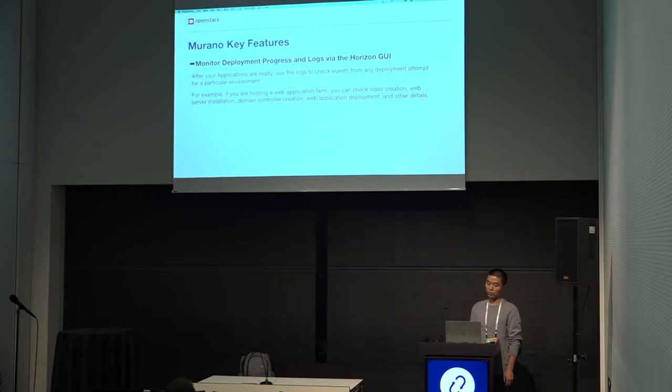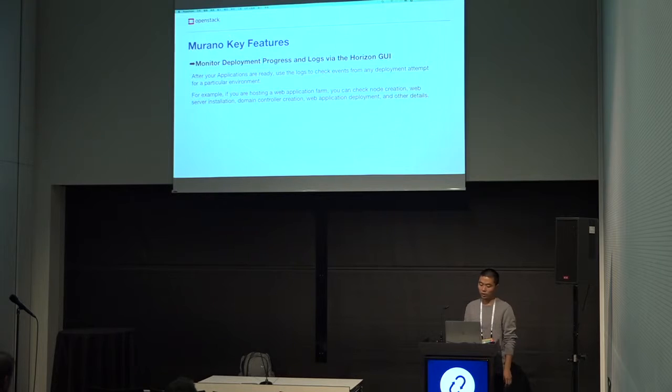Murano can also monitor deployment progress and logs via the Horizon UI. After your applications are ready, use the logs to check events from any deployment attempt for a particular environment.